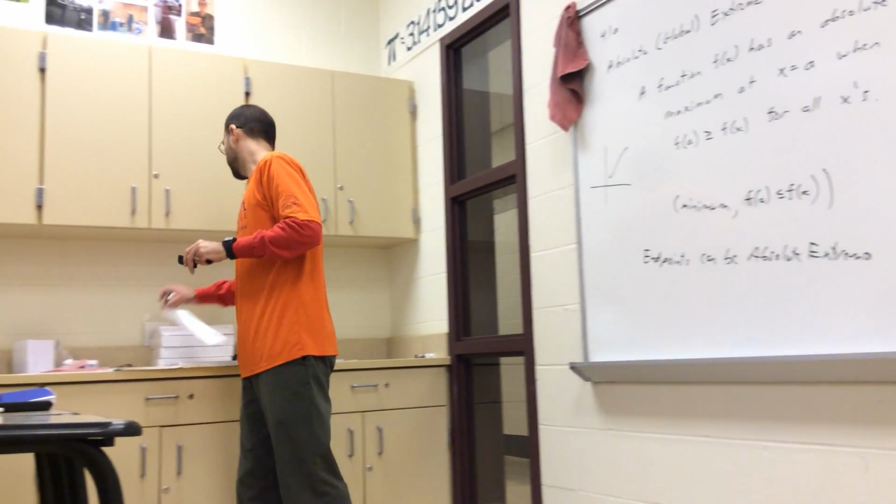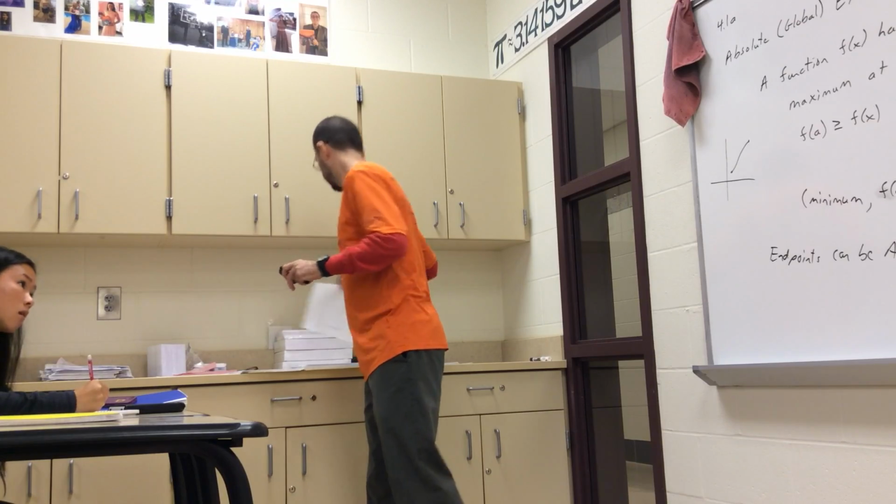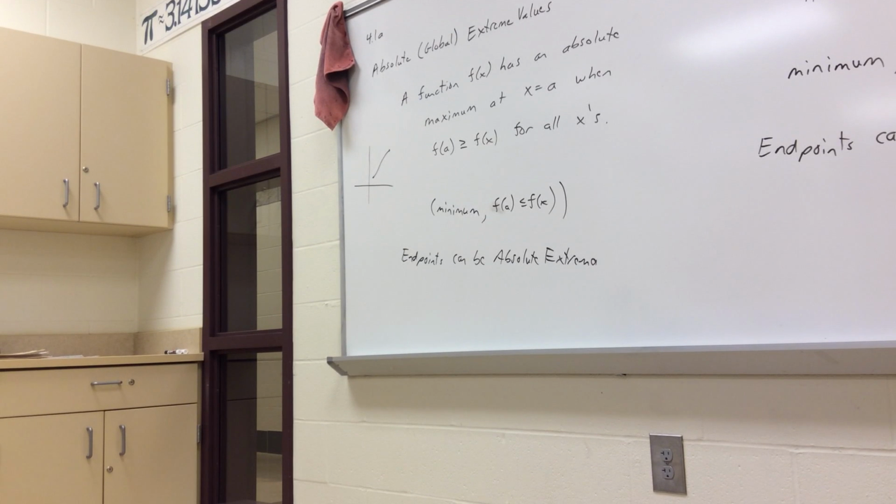All right, so let's look at an example that has a graph that has a bunch of these types of extrema in them. So for this graph, I would like a point at -1, 1. And a point at -0.5, 2.